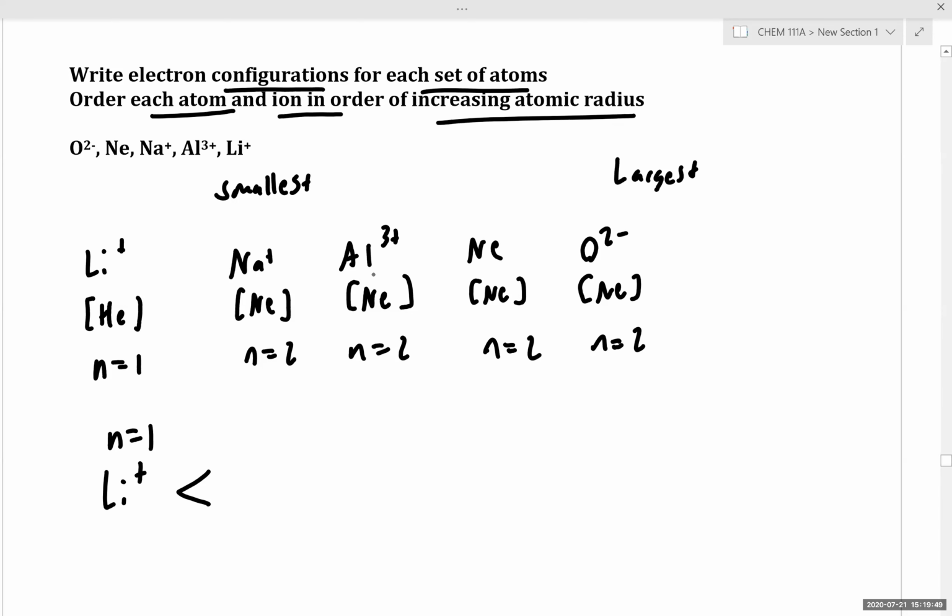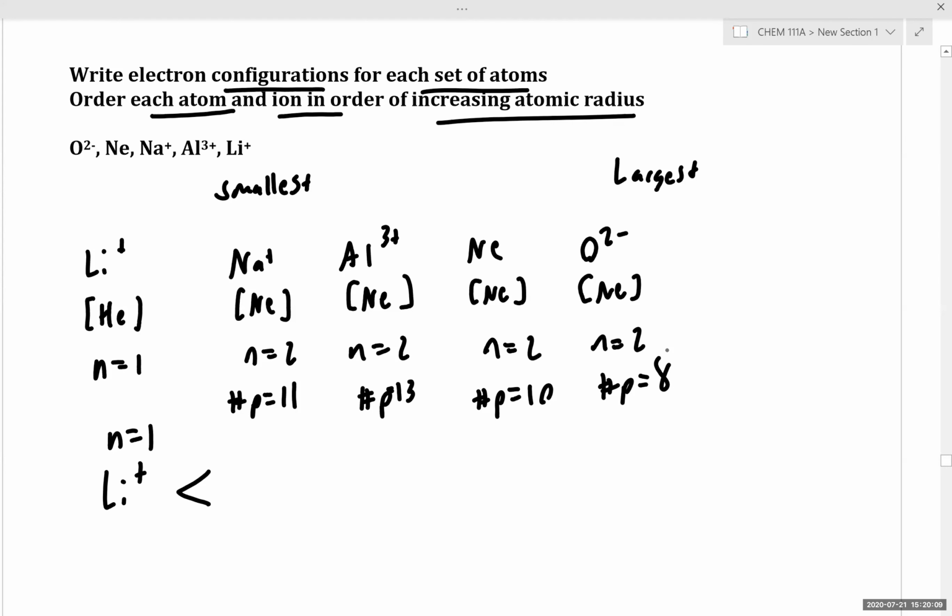Now, looking at the remaining options, we're next going to consider the number of protons. So aluminum has 13 protons, sodium has 11, neon has 10, and O2- has 8 protons.